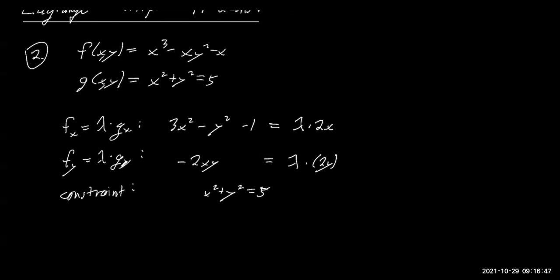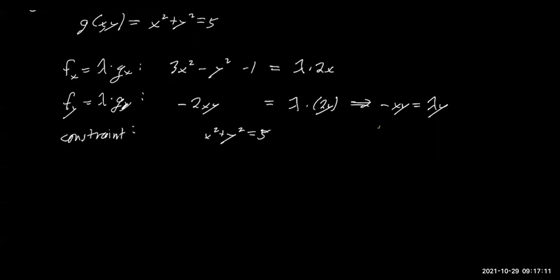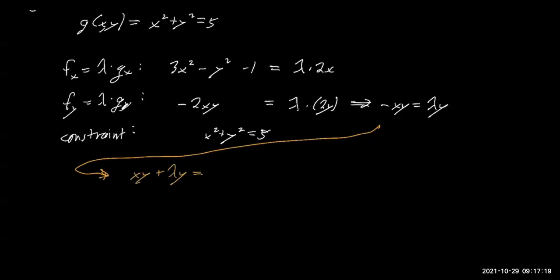And I said conclude as much as you can from the partial y, because this one's more simple, right? This is a simpler equation. And maybe we can actually do some stuff with this. So first off, we could get rid of the 2: minus xy equals lambda y. And then, as I've talked about before, instead of canceling the y, let's put everything on the same side of the equation and then factor out the y.